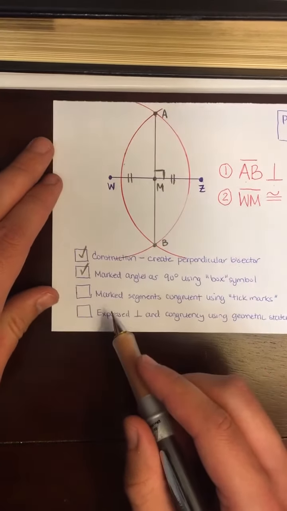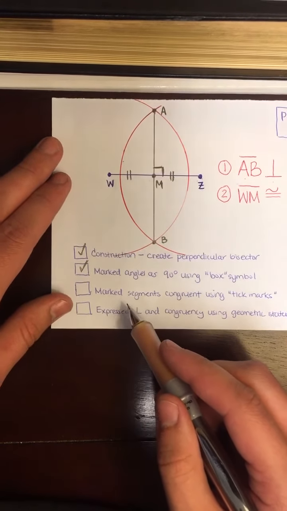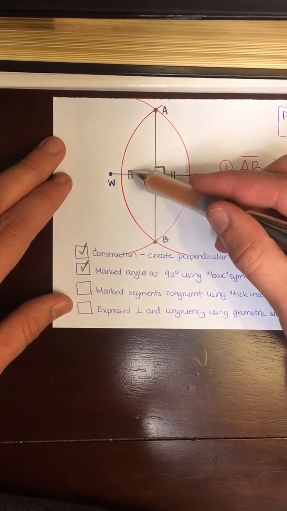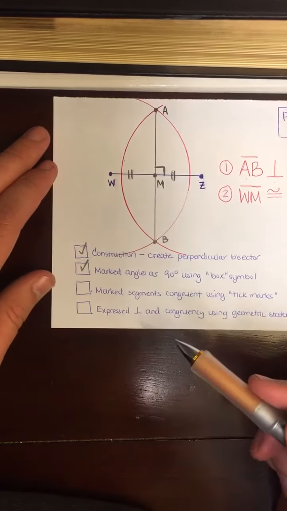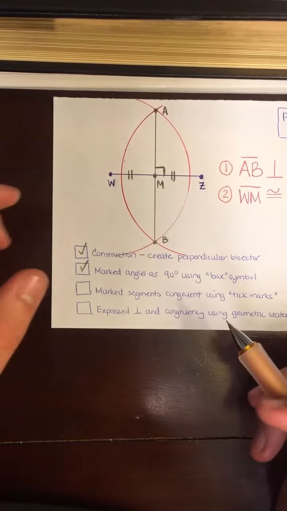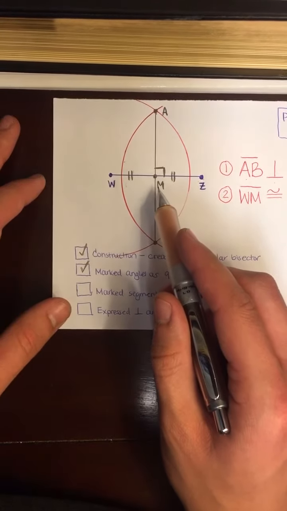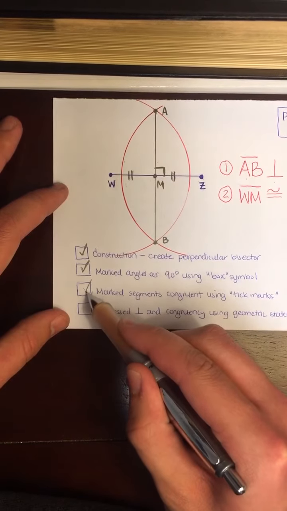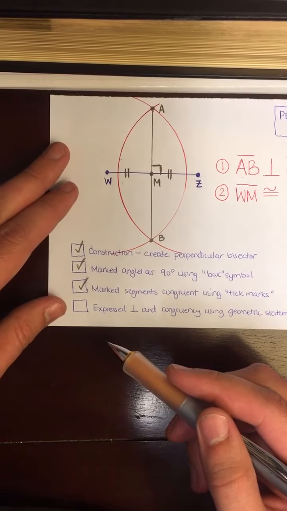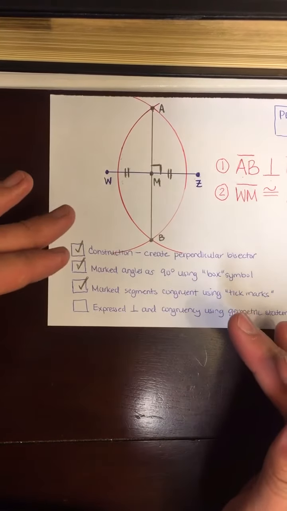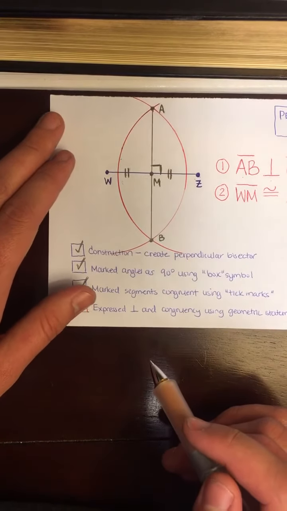My third expectation is that you will also mark your segments as congruent using tick marks. And yeah, I have done that as well. So this line segment WM and this line segment MZ, I've indicated each respectively with 2 tick marks. And because they both have 2 tick marks, that means they're congruent to each other. So I have done that successfully. The last thing, or my last expectation, is that you have expressed the perpendicular as well as the congruency using proper geometric notation or statements.